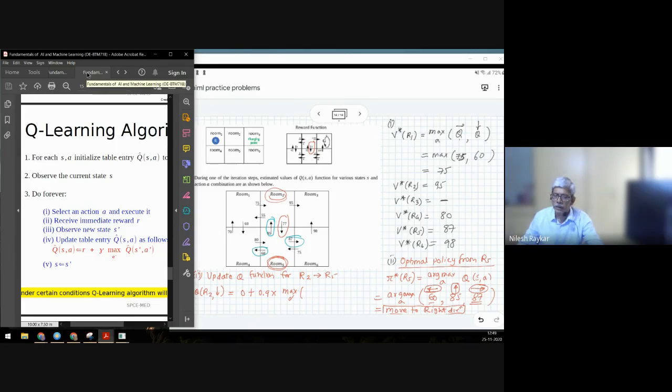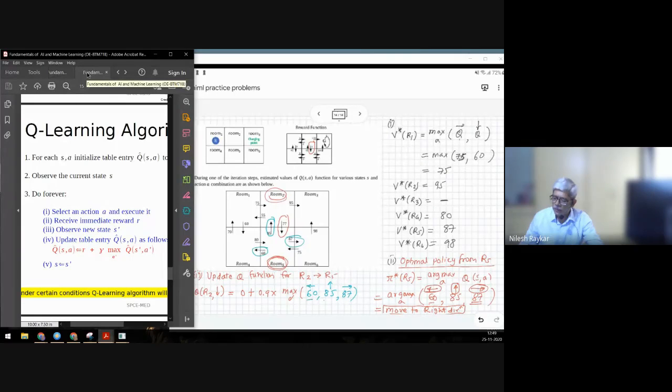These are the 3 possible actions. Corresponding to left, the Q function value is 60, corresponding to up you have 85, and 87 is for right.